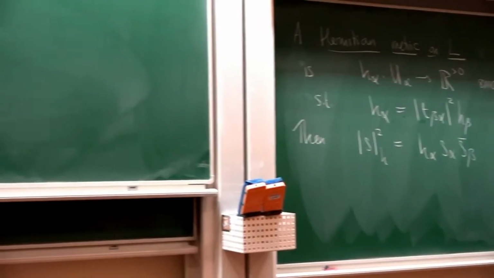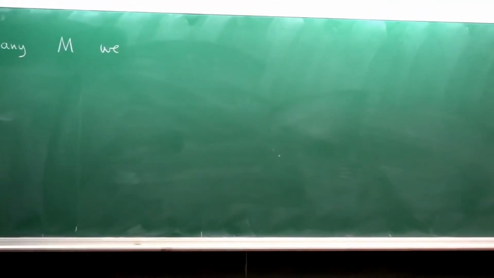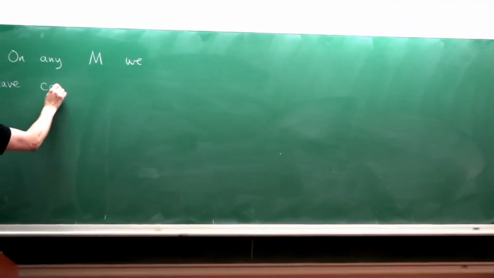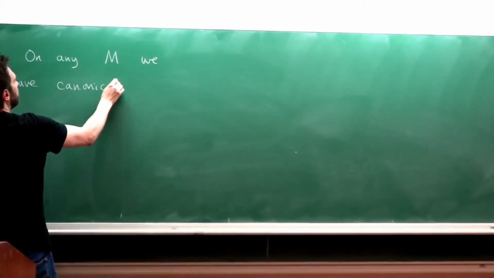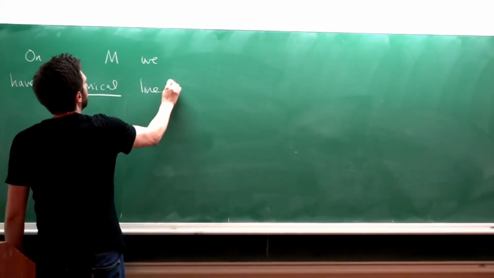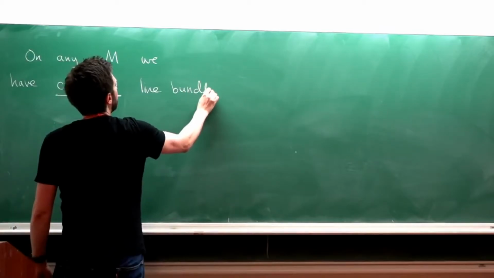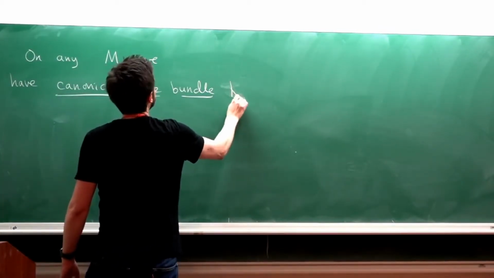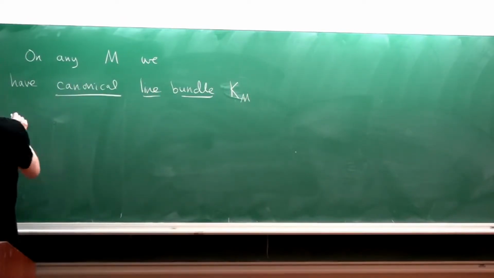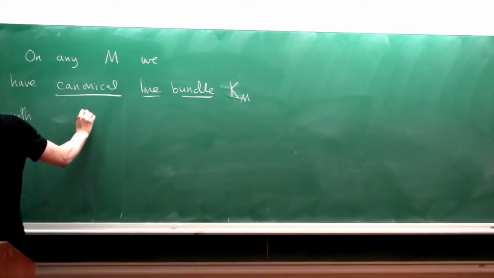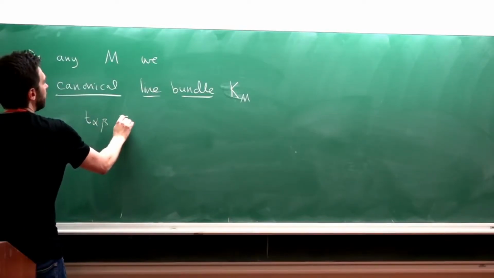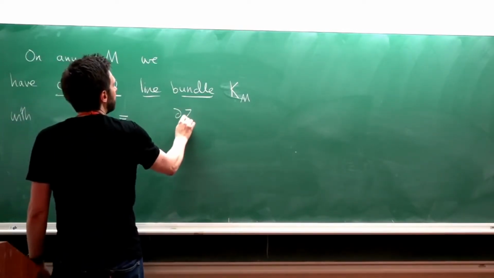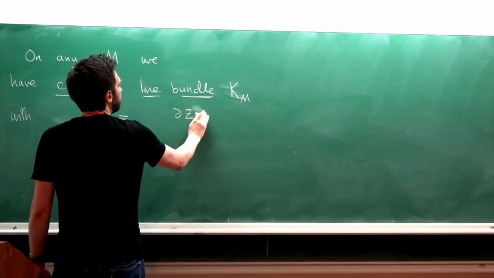So notice that on any complex manifold M, we have what's called the canonical bundle, the canonical line bundle K_M, let's call it, with the transition functions T alpha beta given by the coordinate changes.